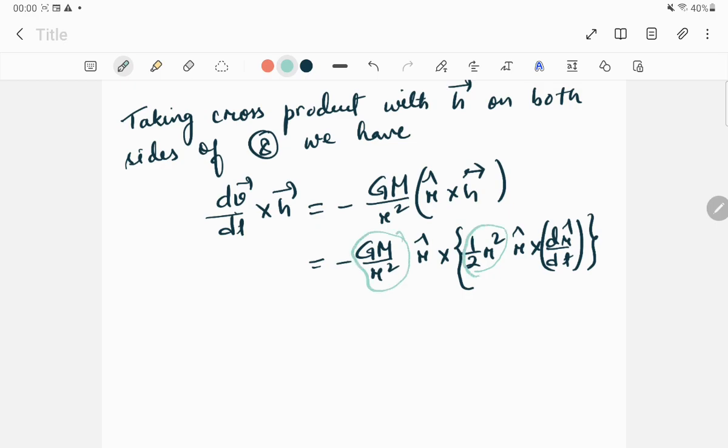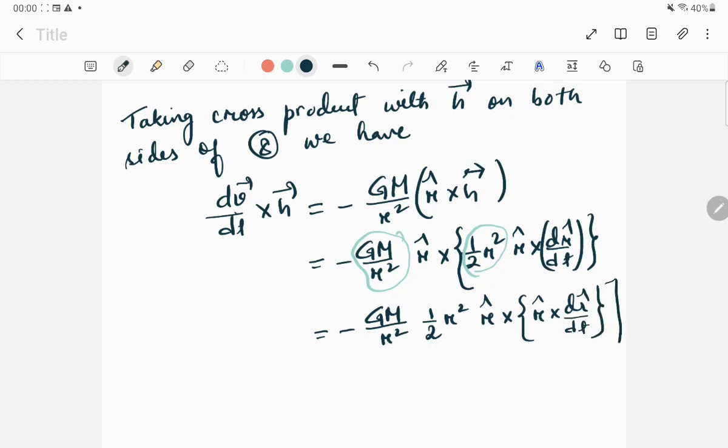So I will take everything on one side. So half gm by r square, and again it will come as half r square. So then it remains r cap cross r cap dr cap dt.